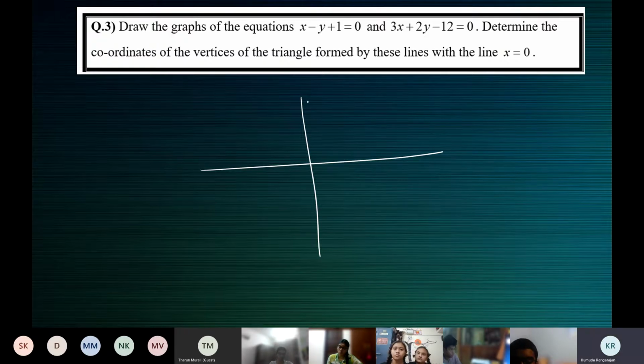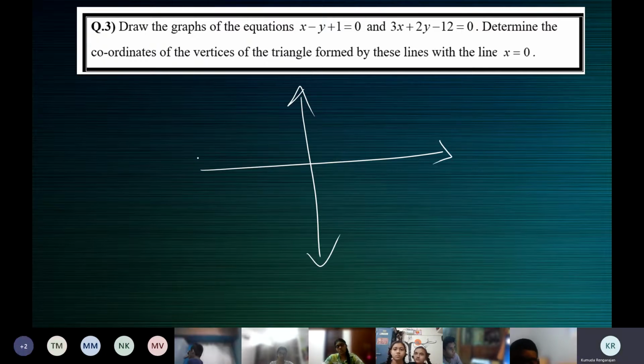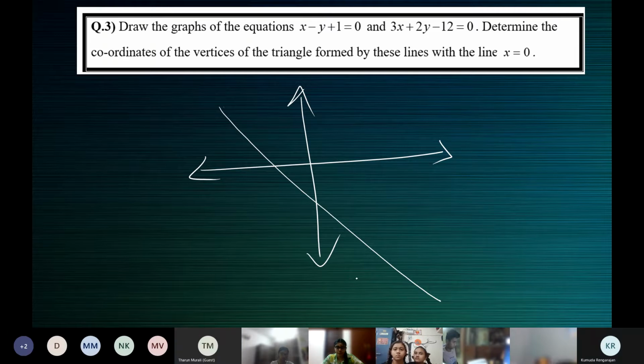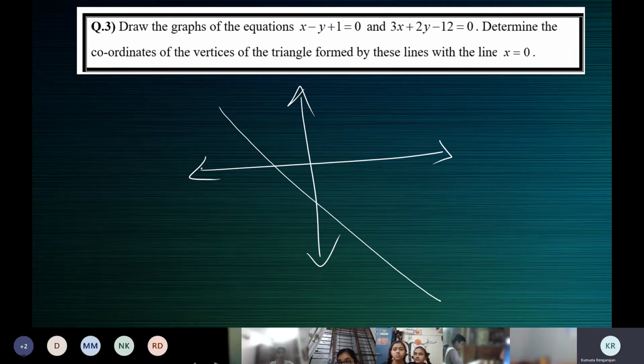So this is one line. X is equal to 0 is the y-axis. Y-axis is one line. And supposing this line x minus y plus 1 is equal to 0 goes like this, and the other one, I'm just saying for example, goes like this.